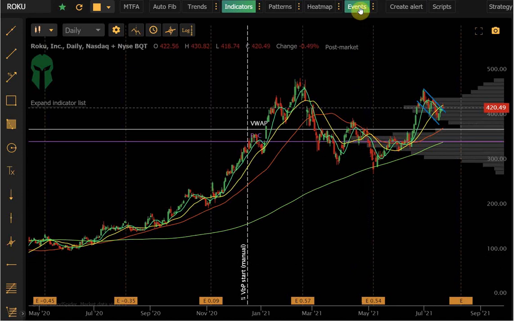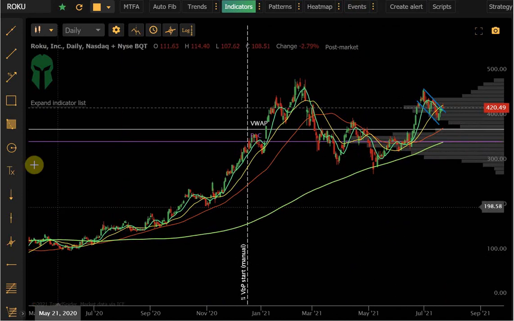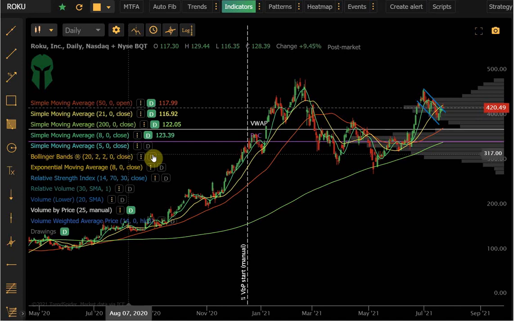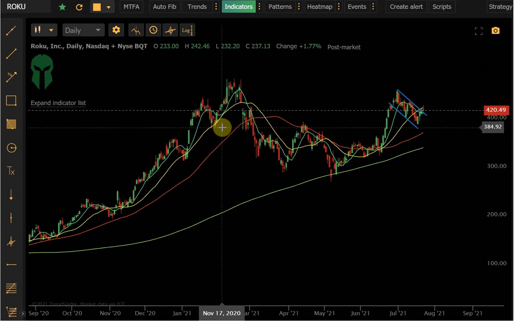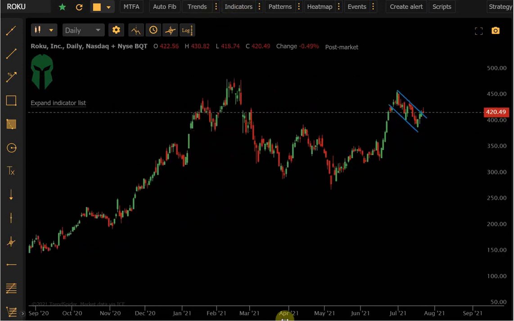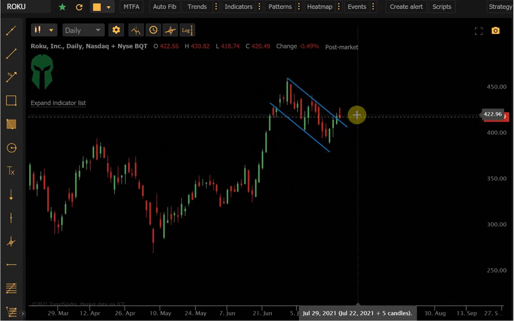Roku is on my short list. I'm just going to throw that out there. I don't really need the volume by price on this, and I really don't need anything on this except my little chart. So let's just look at what happened today. I opened, and I got out of my range. I went up.